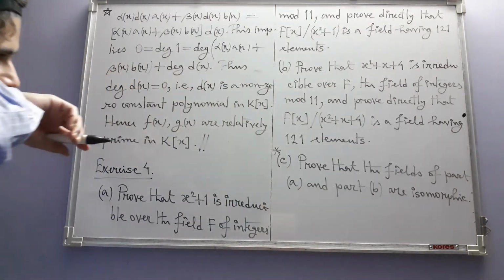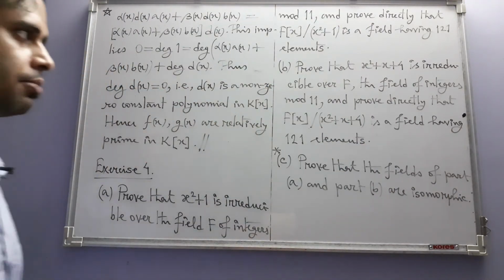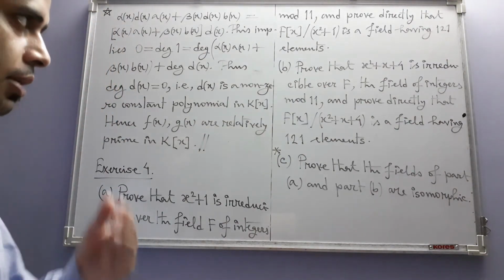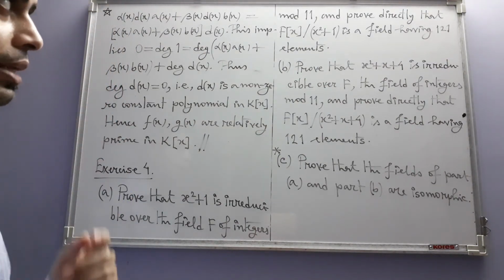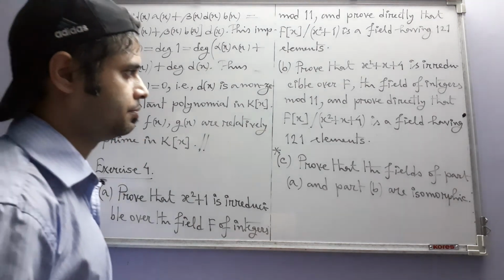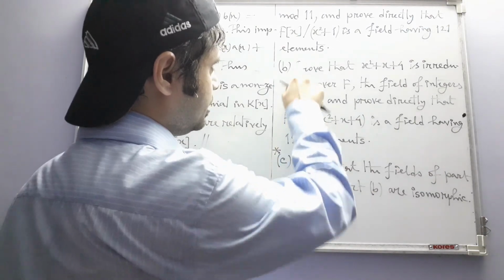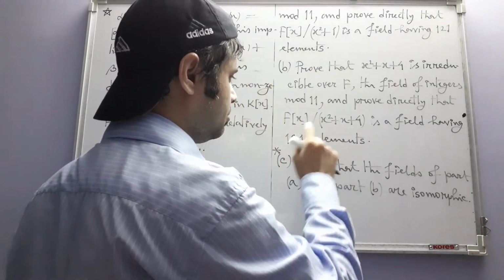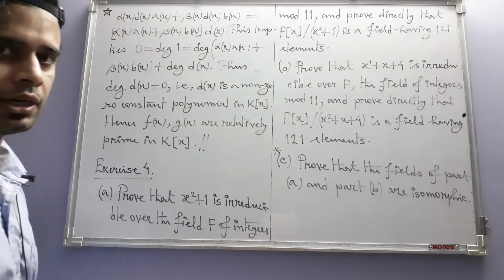Now there are some observations about this problem that we can make before solving the problem itself. You can see two things here. The way these two fields have been constructed, we already know how they are fields.